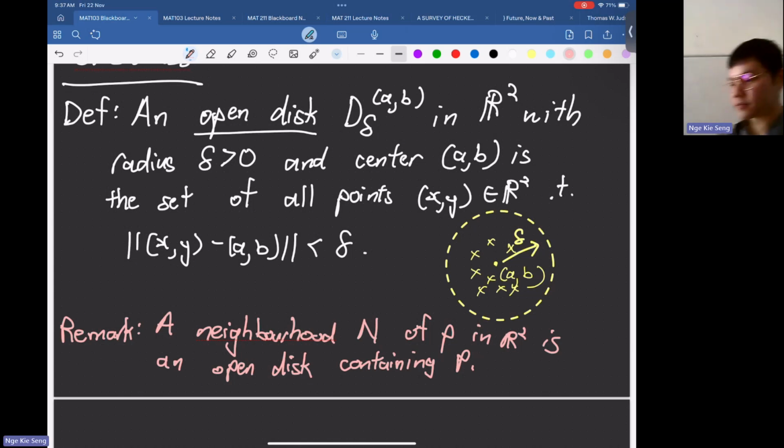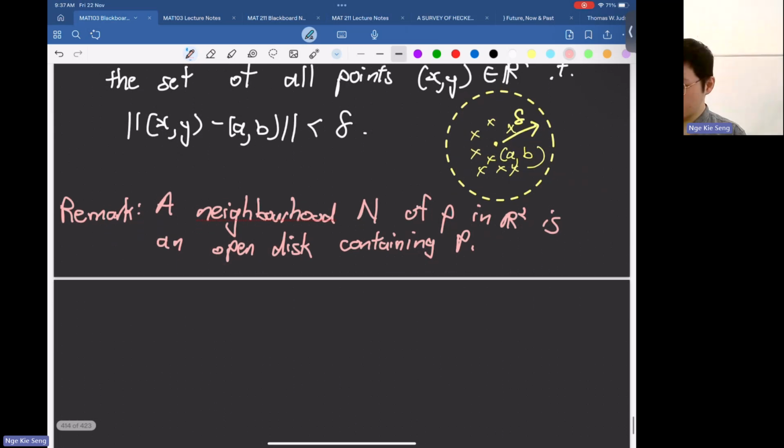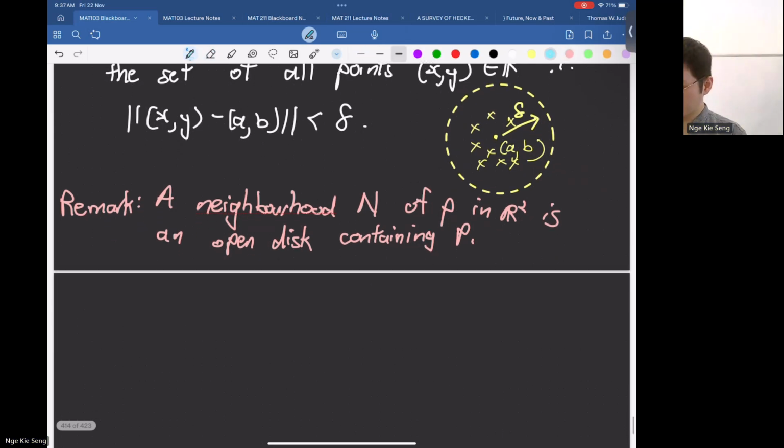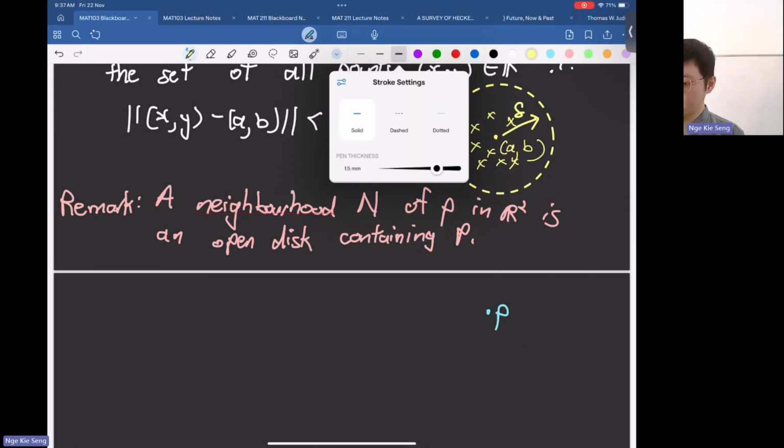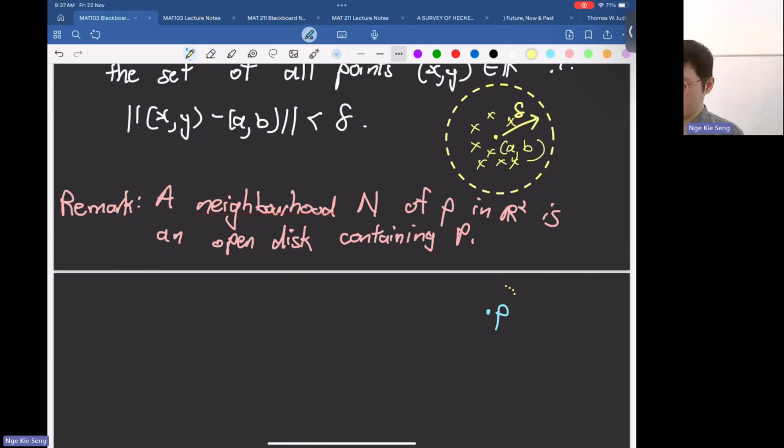Do you get what I say? So let me draw it again. If I have P, what's the neighborhood of P? You can take an open disk that's centered at P. But you also can take other neighborhoods, right?